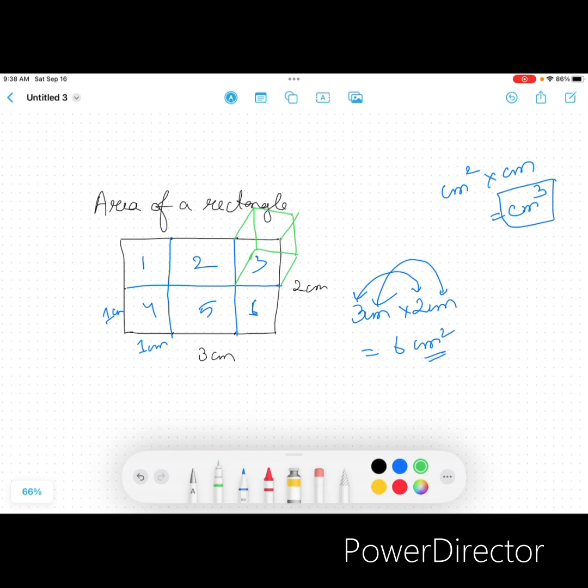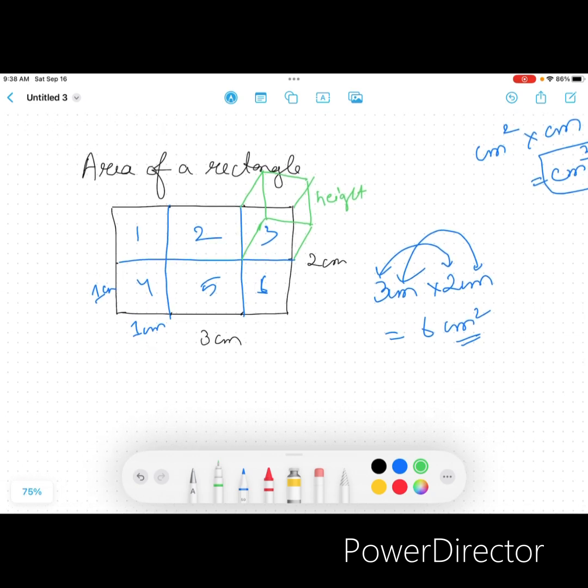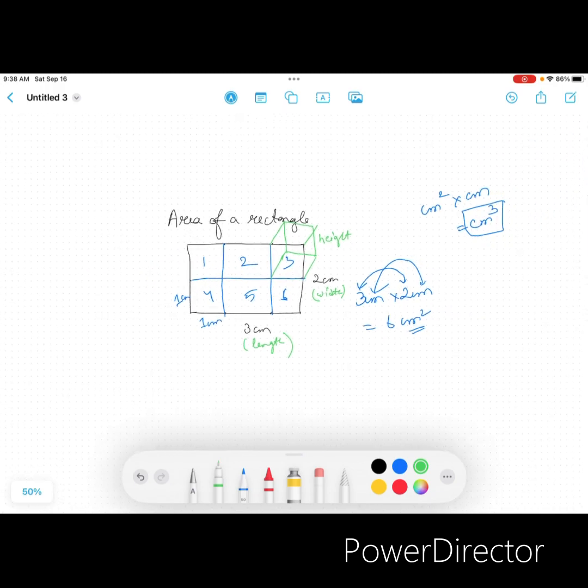We added a new dimension, which is height here. In a 2D object, we have just two dimensions, which is length and width. Now, the moment we add a new dimension, which is height, it becomes a 3D object.